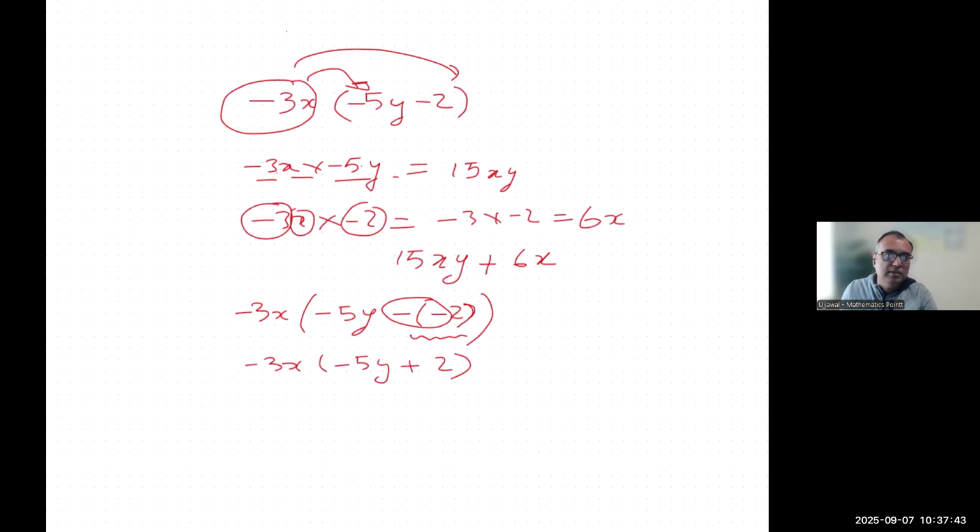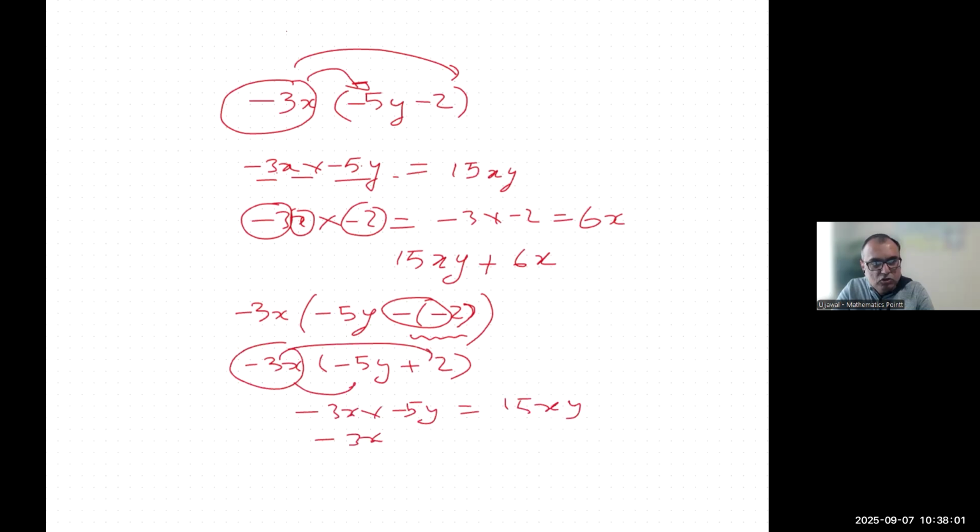So negative 3x times negative 5y makes it 15xy, and now I'm multiplying negative 3x times positive 2, which makes it negative 6x, and you combine them.